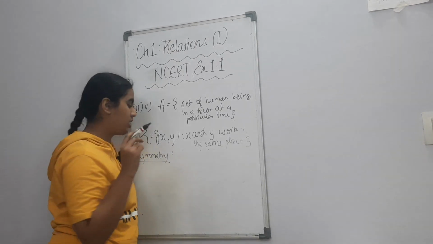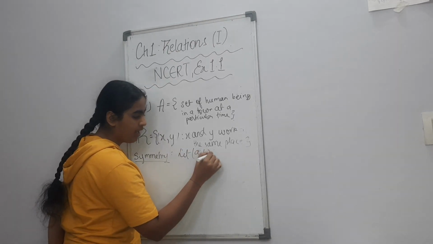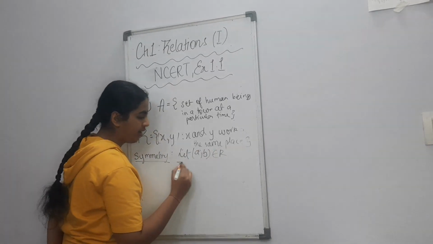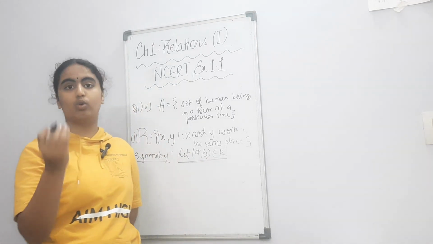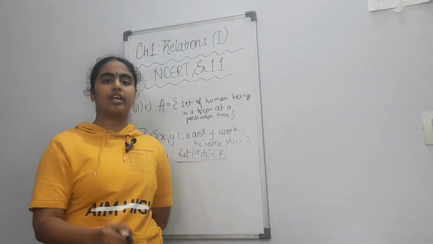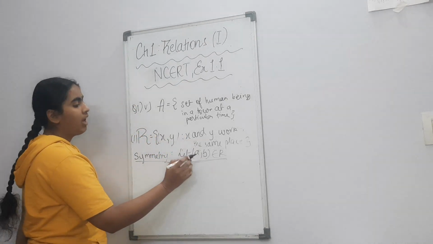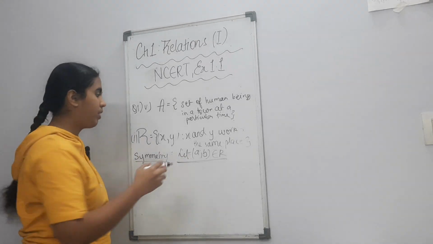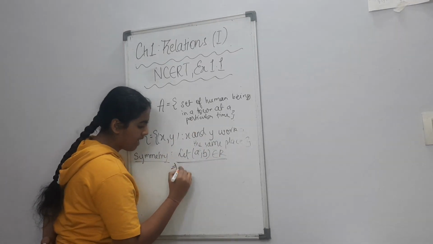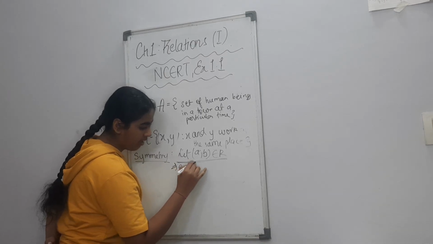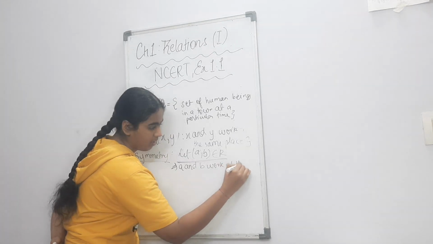Second most important statement in this condition, let A comma B belongs to R. This is one of the most important statements when you prove the reflexivity or equivalence of a relation. Now, since A comma B belong to R, they must satisfy the condition that is there. So, this implies that A and B work at the same place.